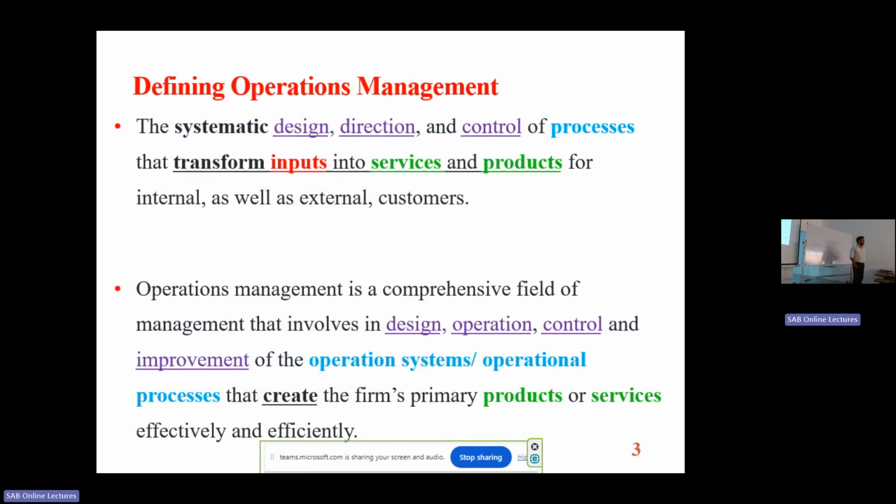What kind of improvements do they talk about here? Hello? What kind of improvements?